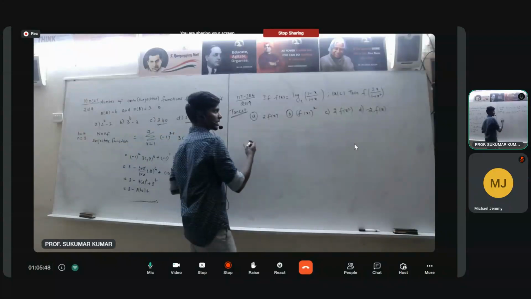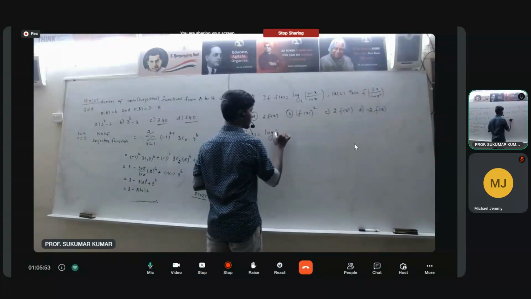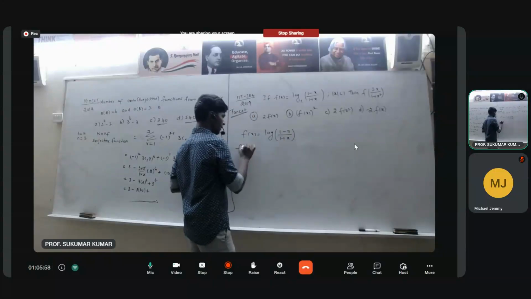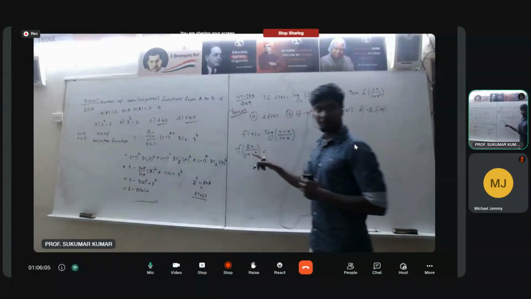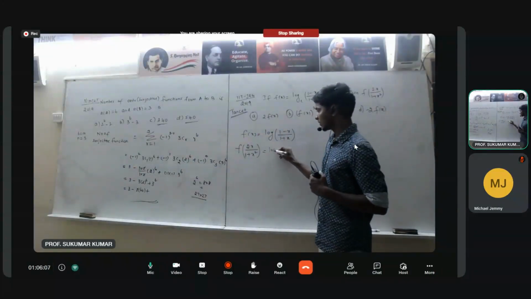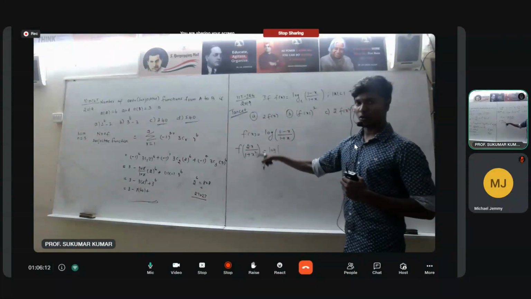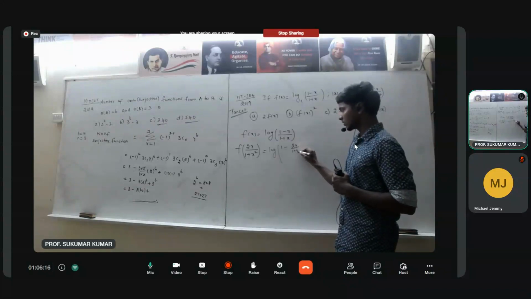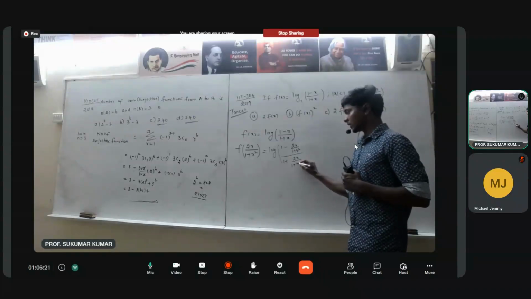Okay, so we'll see. Your defined function will be what? Log of (1 minus x) divided by (1 plus x), right? Now I'm going to substitute, instead of x, 2 times this entire value. So log of, in place of x, this complex form: 1 minus 2x divided by 1 plus x square, divided by 1 plus 2x divided by 1 plus x square.